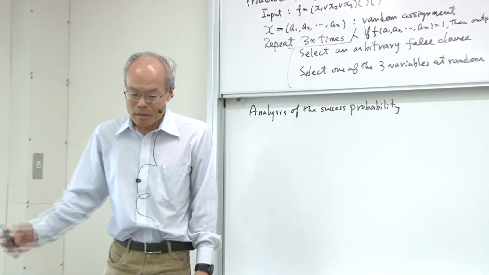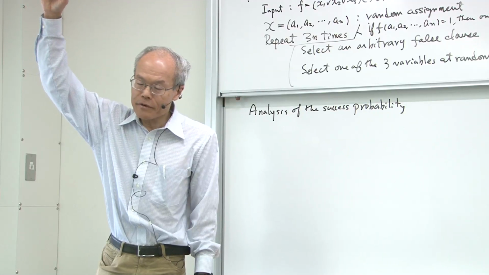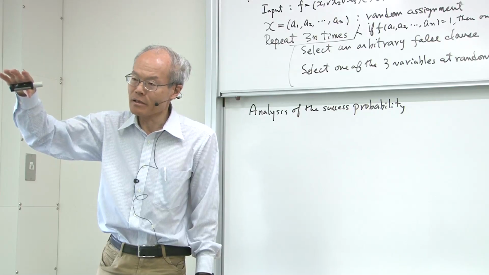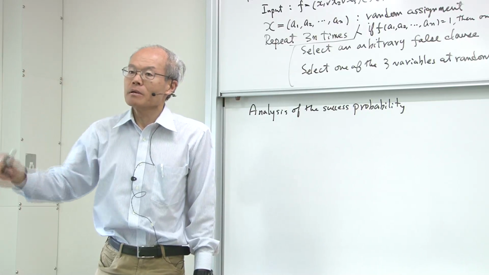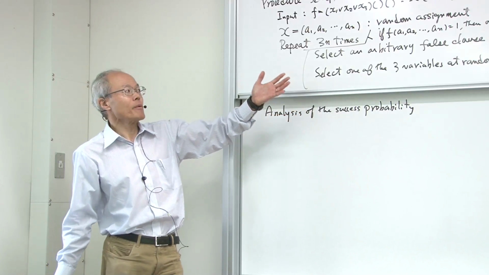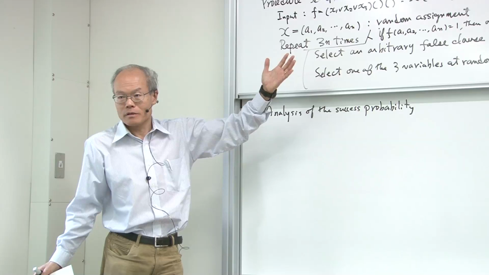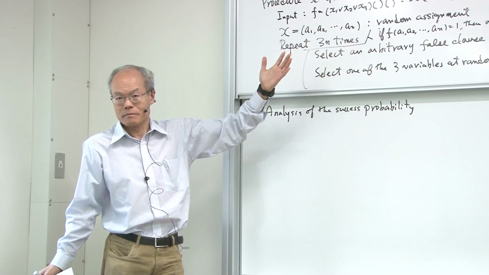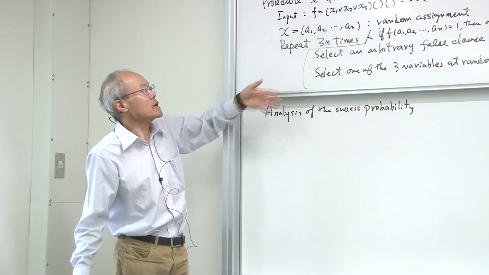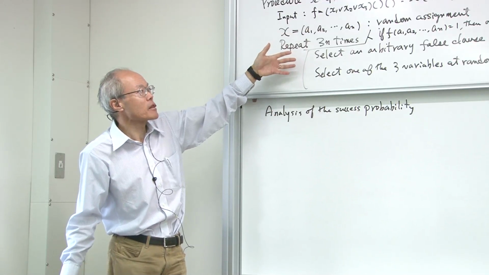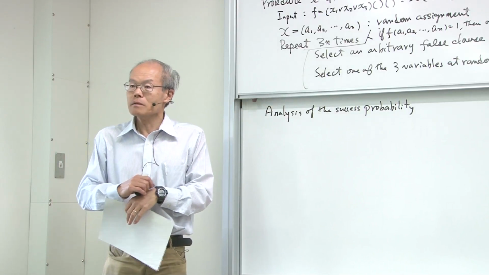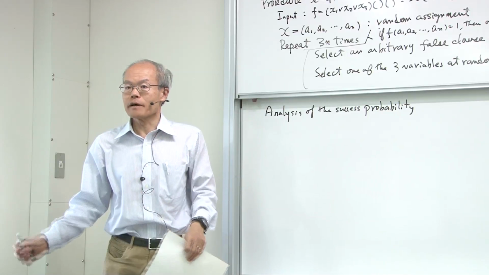If you run this algorithm once, then if you are very lucky, maybe you can find a satisfying assignment. But probably you're going to fail. That means after repeating these steps 3n times, you can't find a satisfying assignment.